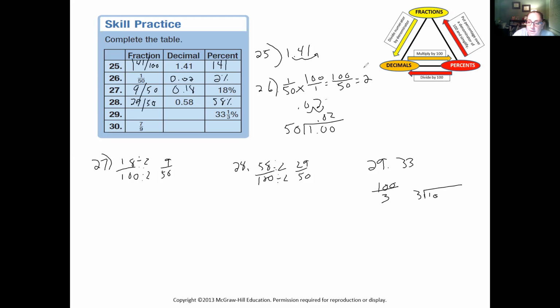Let me simplify. And you're just going to keep getting 3.